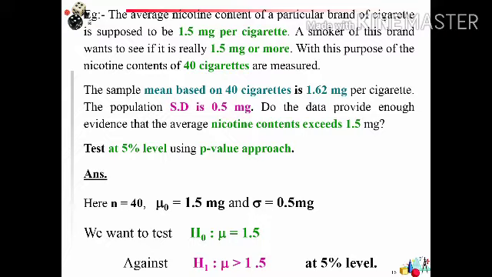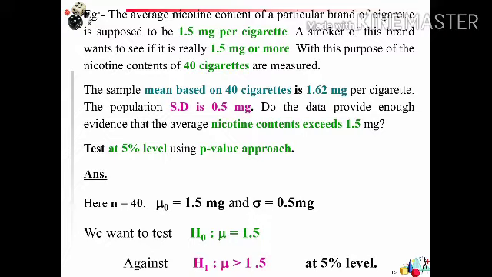So here you can see some information like the sample size, that is n equal to 40, mu naught equal to 1.5 mg and the standard deviation sigma equal to 0.5 mg. So we want to test H naught that mu is equal to 1.5. Our question is, do the data provide enough evidence that the average nicotine content exceeds 1.5 mg?